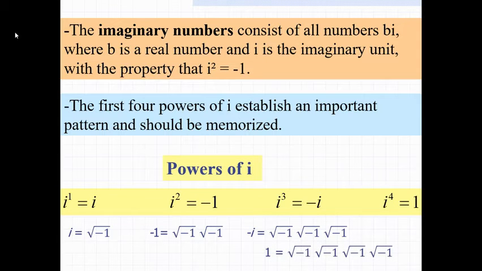And then i to the 4th is equal to the square root of -1 taken 4 times, and that gives us a positive 1. If you think about it, you took i squared and squared it again, so you get -1 times -1, which gives you 1.